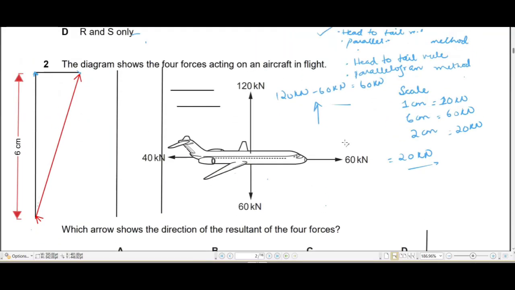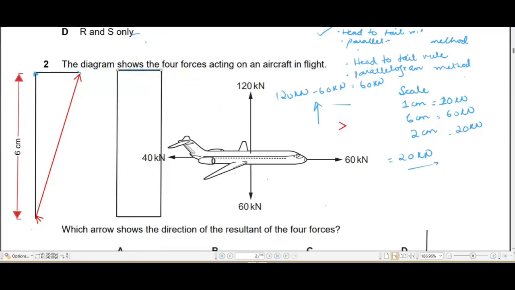And if we need to add these by the parallelogram method, what are we going to do? We have a 6 centimeter line over here, and we are going to have a 2 centimeter line over here. Then again, a 6 centimeter line over here, and a 2 centimeter line over here.